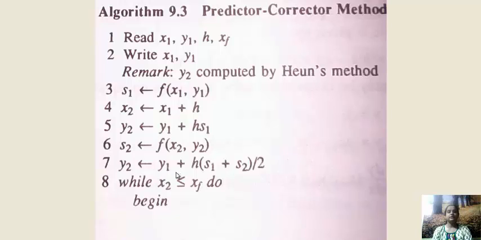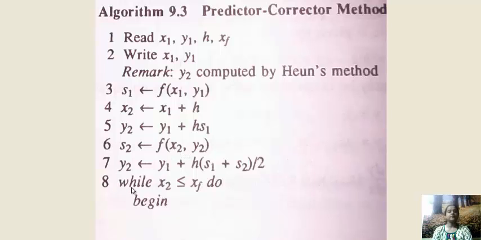The predictor corrector formula is yi equals yi minus 1 plus h times (si minus 1 plus si) by 2. Here si is computed with the help of yi predicted, and hence we finally compute yi corrected. This is the corrected value of yi, that is y2 corrected.